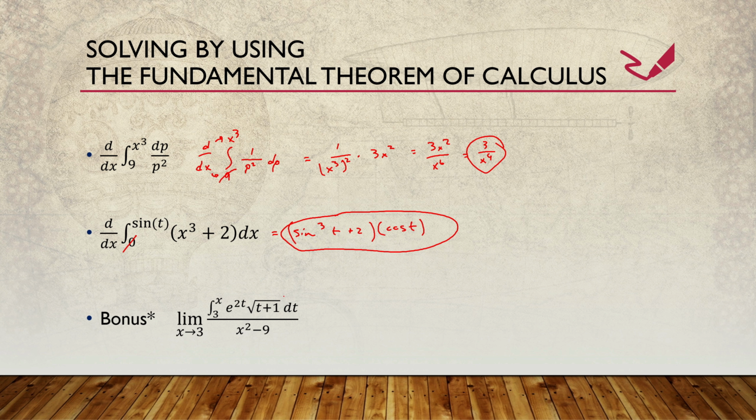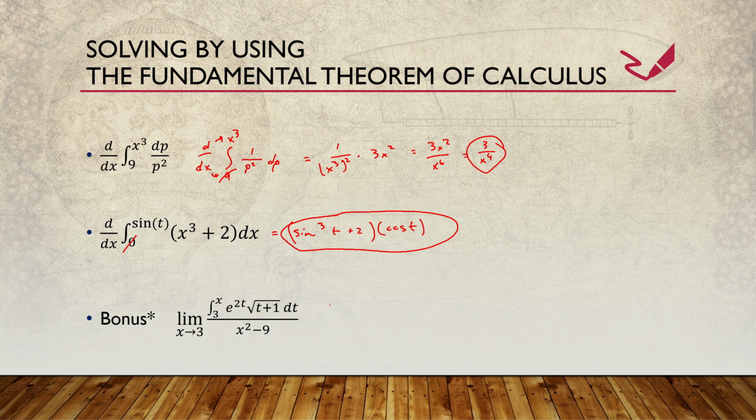Now, this bonus one right here is a very difficult problem, but once you understand how the differentiation and integration all work, it will be very simple. We will also use L'Hopital's rule for the limits. For the very first one, you can see we're given the fundamental theorem of calculus.